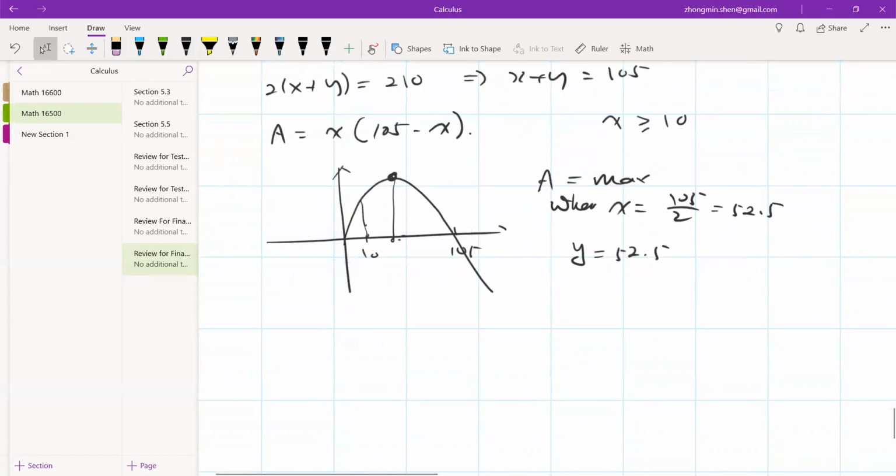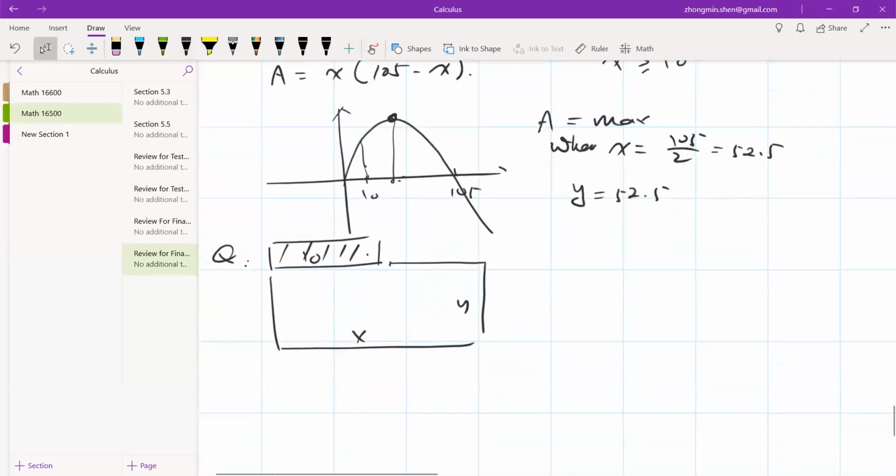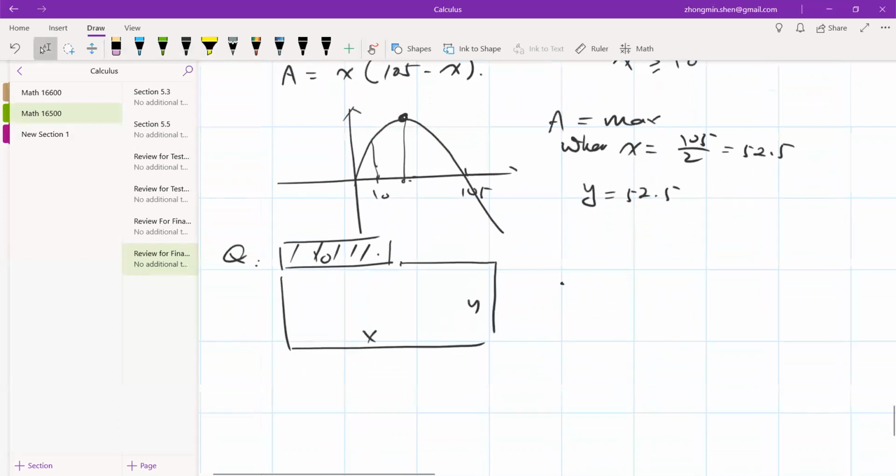Another question is still the same problem. Here's x, that's y. So the area, I know it's not 100.